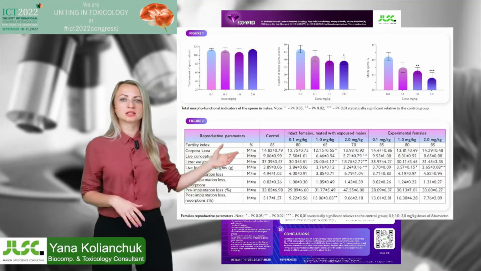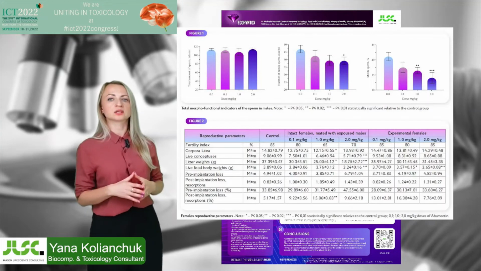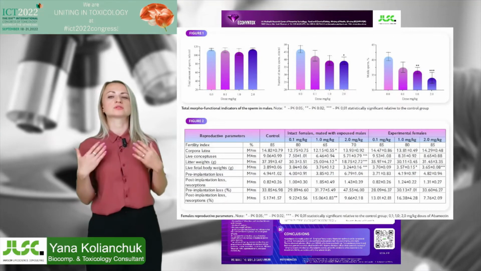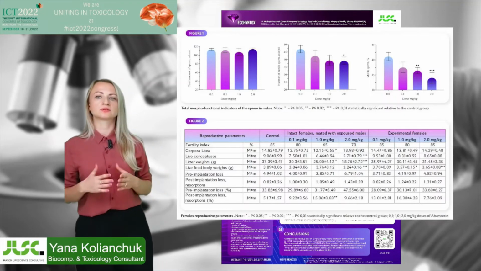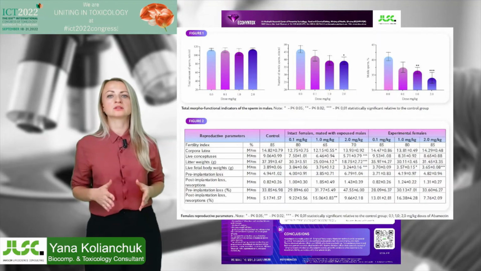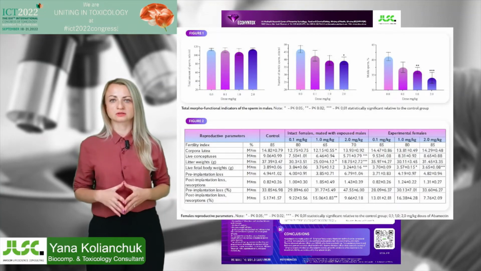As we can see in the table, in the middle and high doses, a decline of the fertility index was established, decreased by 20 and 15% respectively. Also significantly decreased were the number of pups, litter weight and fetal body weight, as well as increased post-implantation fetal deaths.